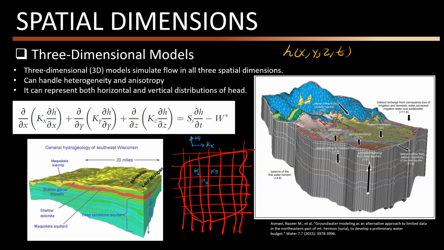Similarly, in the 3D system, I can assign properties not only in the x and y directions, but even in the z direction, I can assign different hydraulic properties for each cell, which change across the z, x, and y domain. Those properties would be k, the transmissivity, storativity, or recharge.